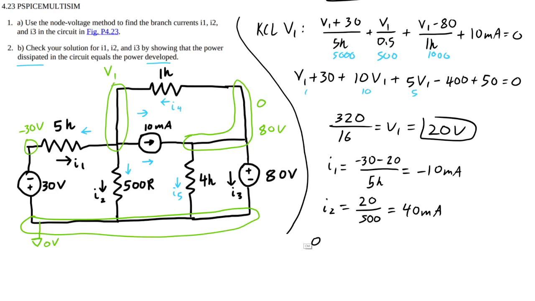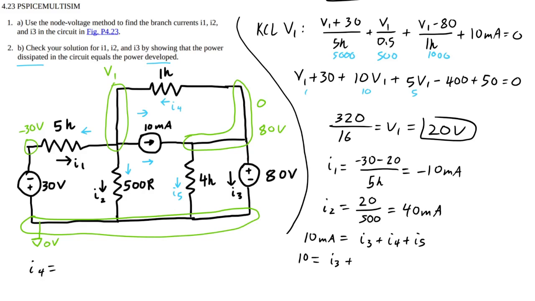Oh, I'm sorry, we have 10 milliamps coming in. Then we have I3, I4, and I5 all leaving. So I'll just write the numbers for now and I'll remember the milliamps later. So 10 milliamps coming in. I3 is unknown.